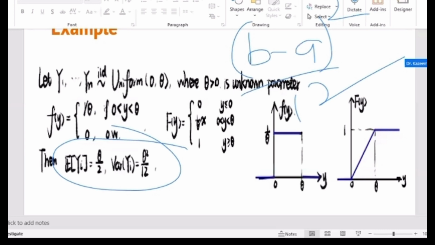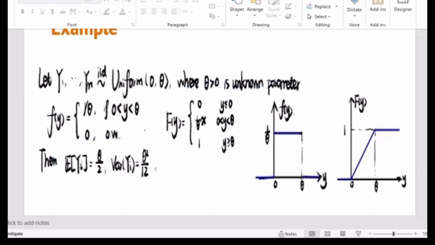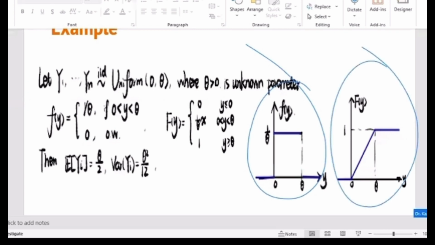That is why you say theta squared over 12. The CDF is also known, and what you can see is the density plot as well as the cumulative distribution plot.